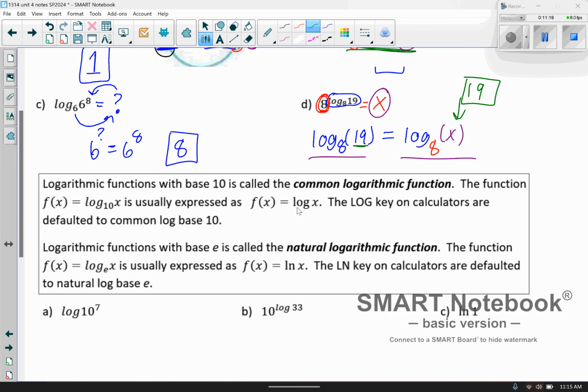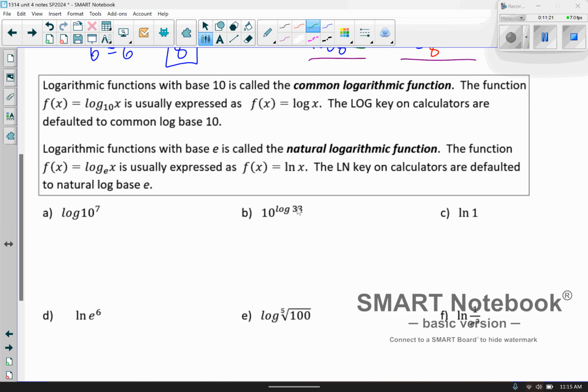Okay, so the next part we're going to look at is our common logs and our natural log functions. So logarithmic functions with base 10 is called the common log. The function right here, f of x equals log base 10 of x, is usually expressed without the base listed there. So a lot of times, because it's the most common one, we don't write it over and over again because it's just understood.